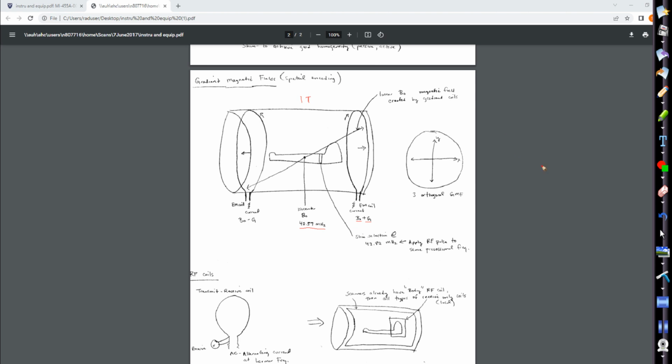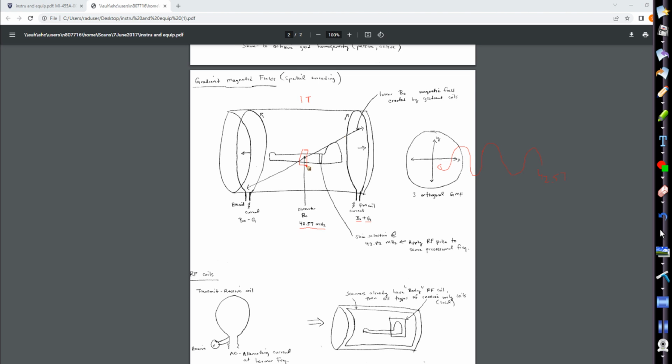Now when I'm applying that RF pulse at 42.57, you're going to excite those spins in that area. Usually you apply it with what we call a range, and that range is called a transmit bandwidth. It's just a range of frequencies.